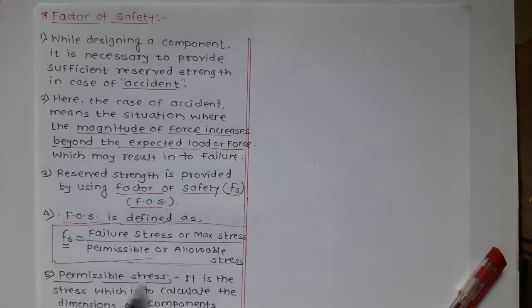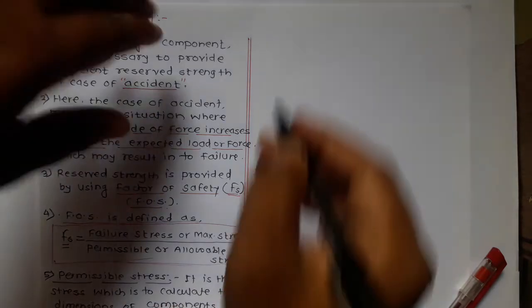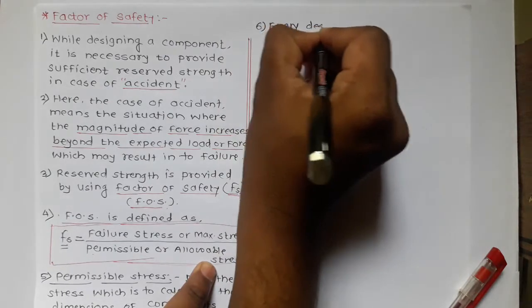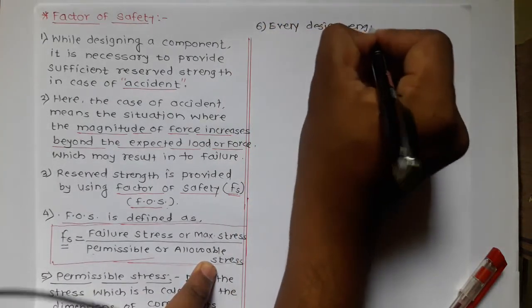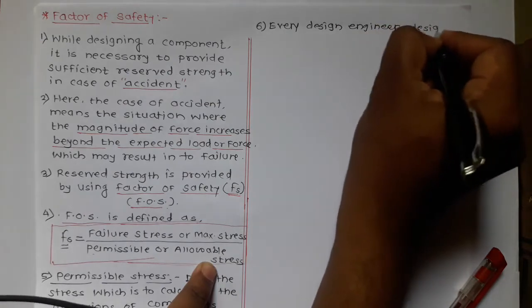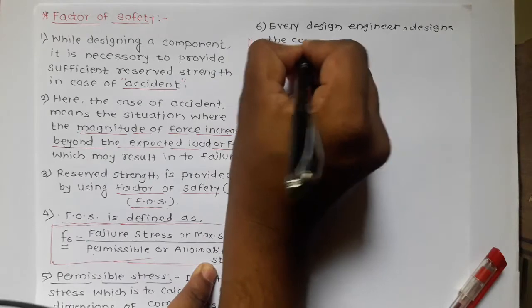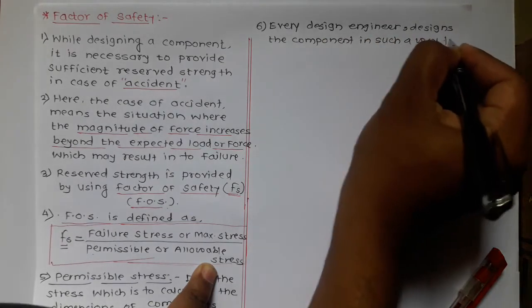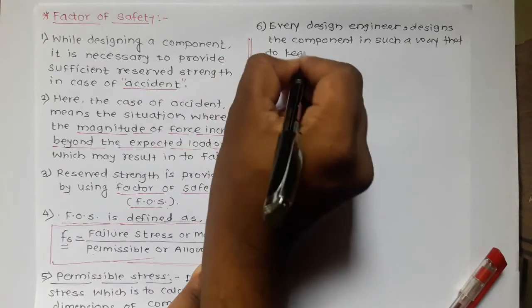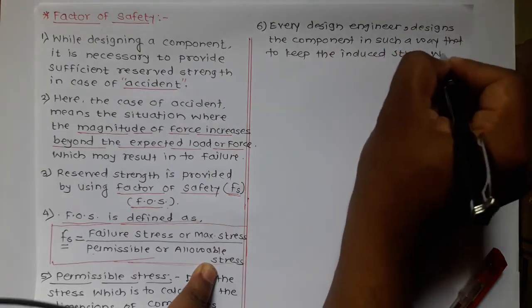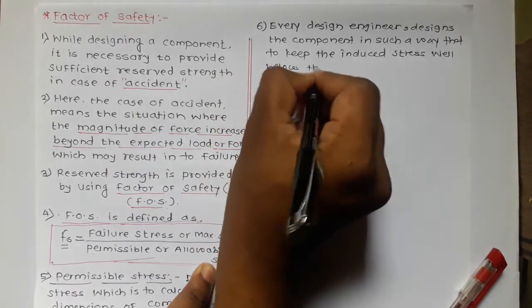So for a design engineer, the permissible stress is the stress below which the induced stress must be. So the next point is, every design engineer designs the component in such a way as to keep the induced stress well below the permissible stress.